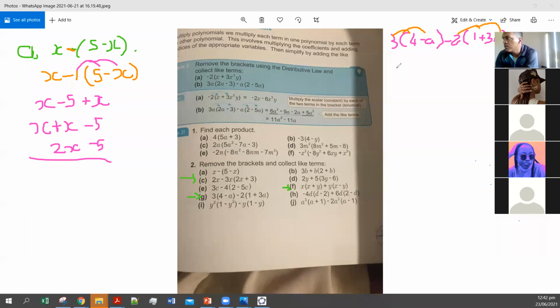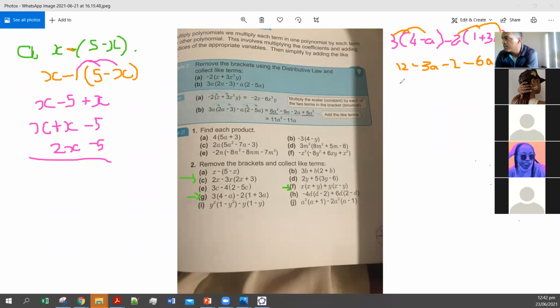Okay, so 3 times 4 will give me 12, minus 3 times minus A will give me 3A. And then -2 times 1 will give me -2. -2 times positive 3A will give me -6A.